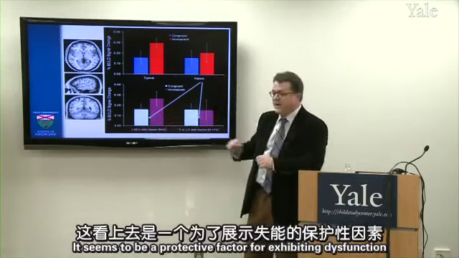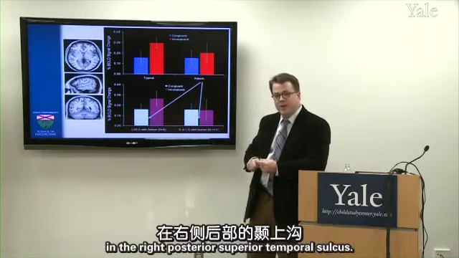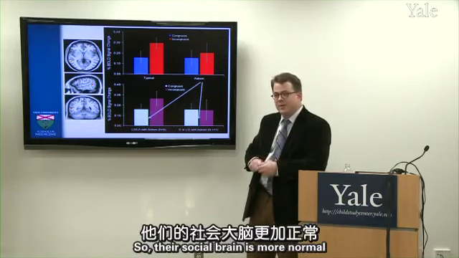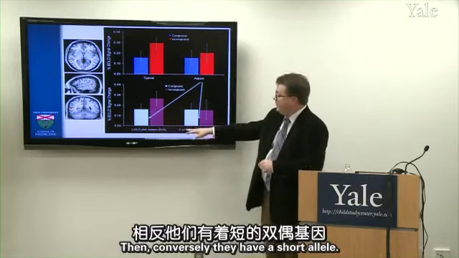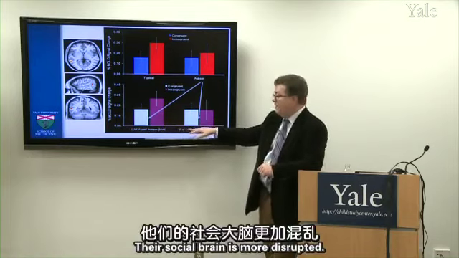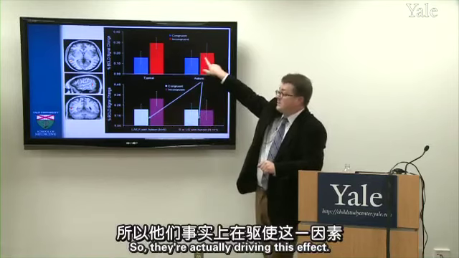It seems to be a protective factor for exhibiting dysfunction in the right posterior superior temporal sulcus. So their social brain is more normal by virtue of having this gene. And then conversely, if they have a short allele, their social brain is more disrupted, right? So they're actually driving this effect.